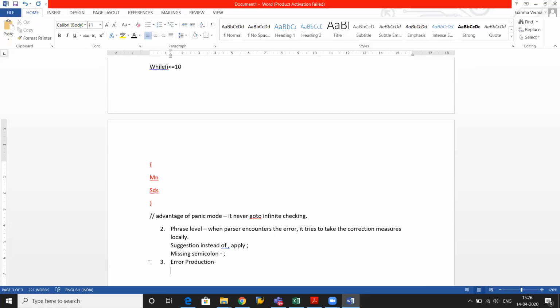Suppose I have handled the error that if in case the user has written a statement like this, which means the statement you have written is A is equal to FB. Now to handle this error the compiler developer has already made a production.